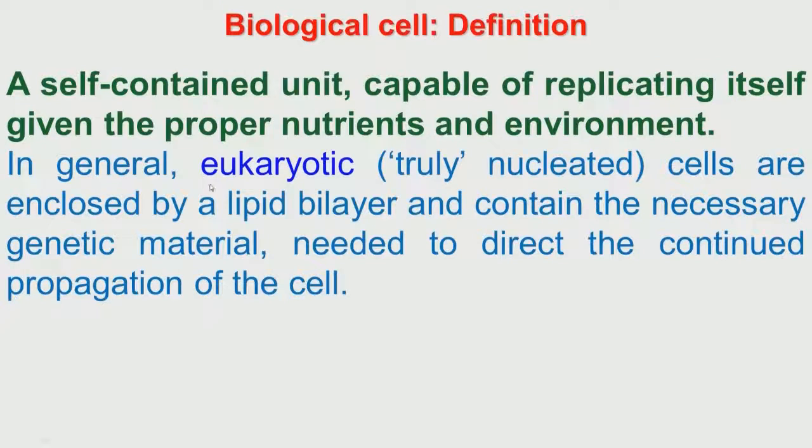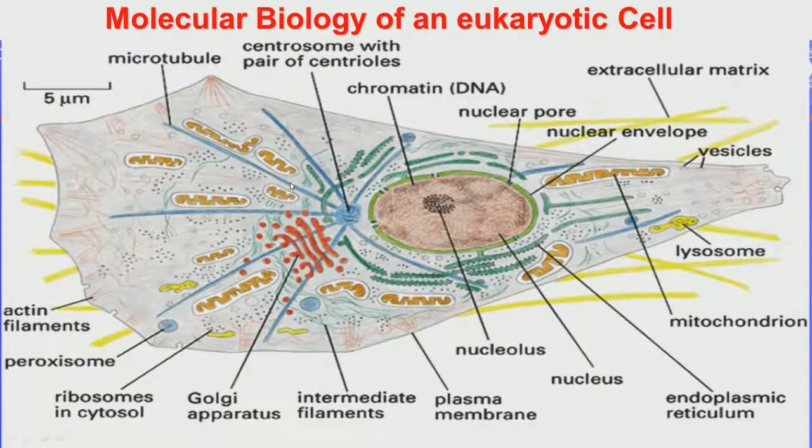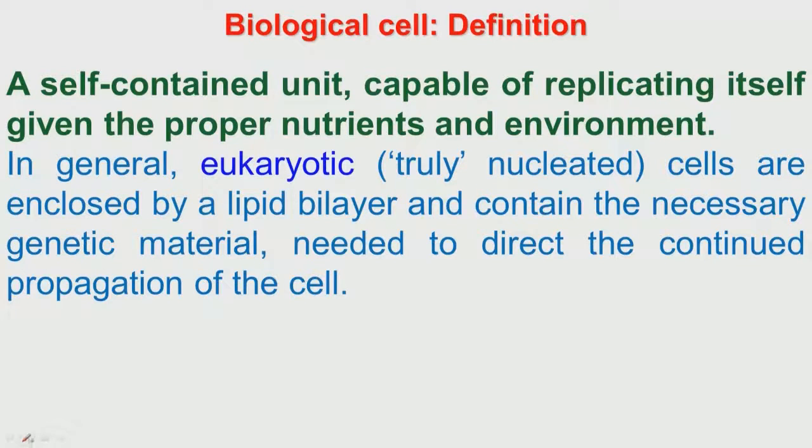So, in general through nucleic acids, the cells can be classified as two classes. One is the eukaryotic. EU means truly. So, eukaryotic means truly nucleated cells which are enclosed by lipid bilayer and also contain the necessary genetic material.